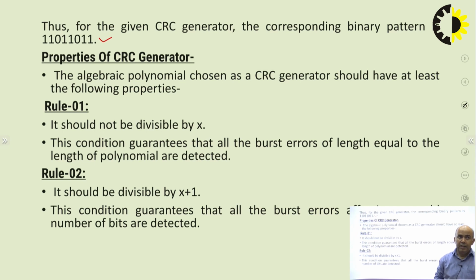Rule 1: it should not be divisible by x. This condition guarantees that all burst errors of length equal to the length of the polynomial are detected. The second rule says it should be divisible by x plus 1. This guarantees that all burst errors affecting an odd number of bits are detected.